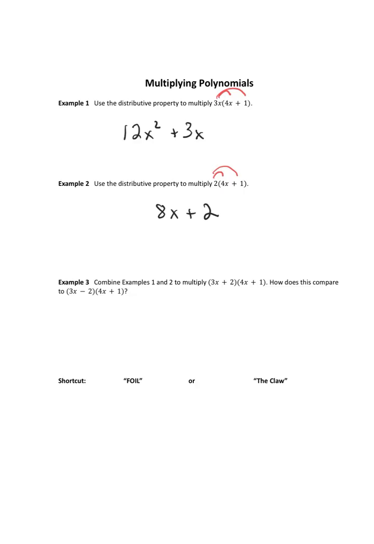And the reason why I'm reviewing this is because if you look at this next example, see how here we had the 3x and the 2. We're actually going to be doing that in order to do that same multiplication. In other words, it's like a double distribution.